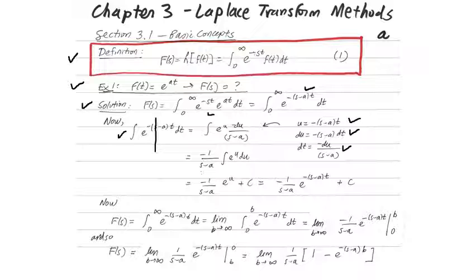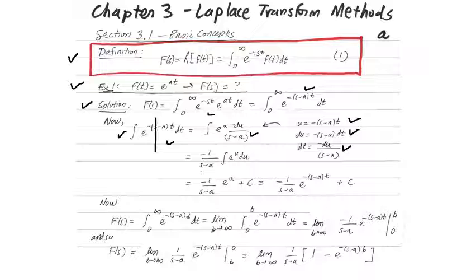Then I took my integral here and got everything in terms of u, so that gives me e to the u and the expression which I just found for dt. Now here s minus a is constant as far as t is concerned, or as far as u is concerned, it's a constant.